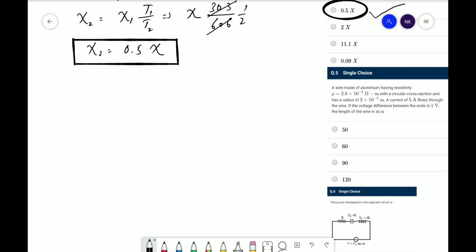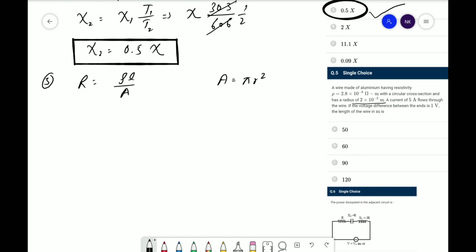Okay, here we know that specific resistance can be defined as R is equal to rho L upon A, where rho is the resistivity, L is the length, A is the cross-sectional area, and for the cross-sectional area A is equal to pi R square. Because here you can see what is given is not area, the given is radius, 2 into 10 to the power minus 3 meter, and also a current is flowing.